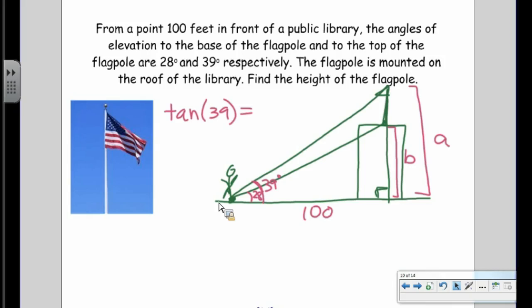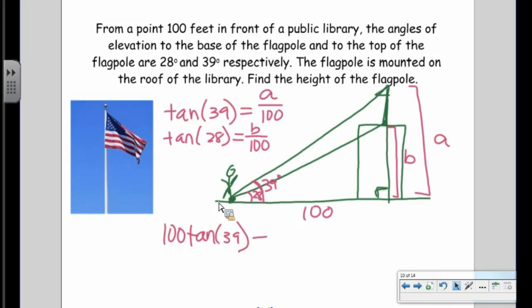And then you would do tan of 28 equals, this time it's going to be B, opposite over adjacent. Both times you're going to multiply. So you would do 100 tan 39. You're going to do minus 100 tan 28. It's really not that bad once you get the picture going, right?